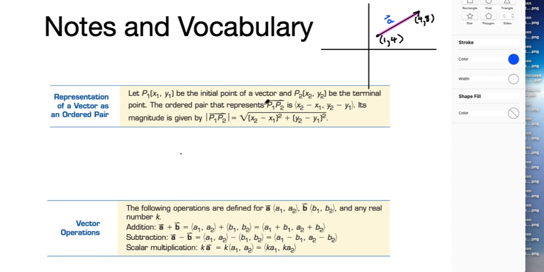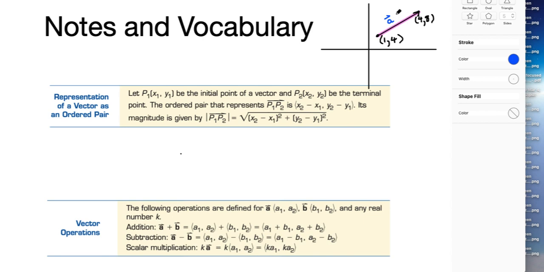The ordered pair that represents this vector will be the difference between the x's and the difference between the y's. But when we find that difference, we need to make sure that the terminal x term, so for me it's 4, 8, is what I'm subtracting the initial x term from, and the terminal y term is what I'm subtracting the initial y term from.